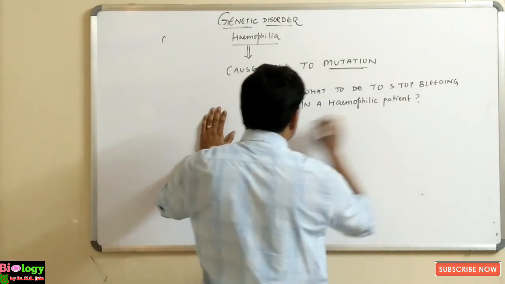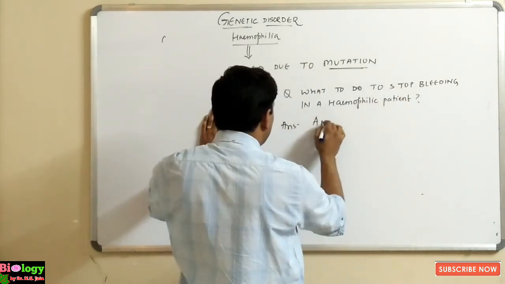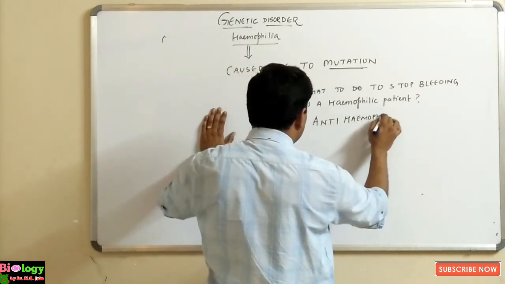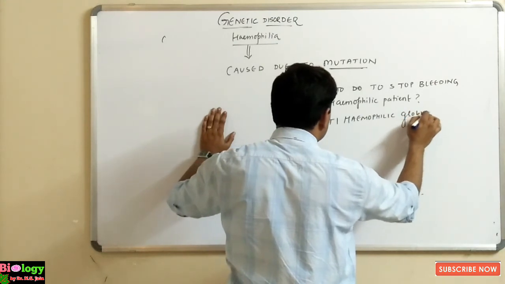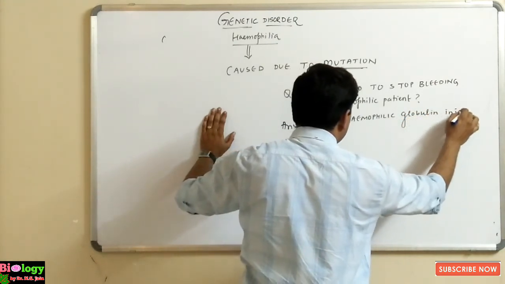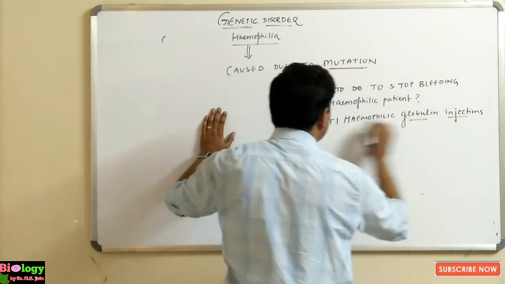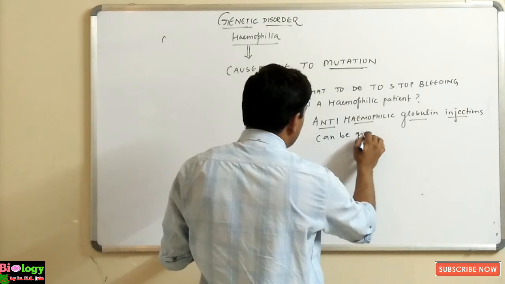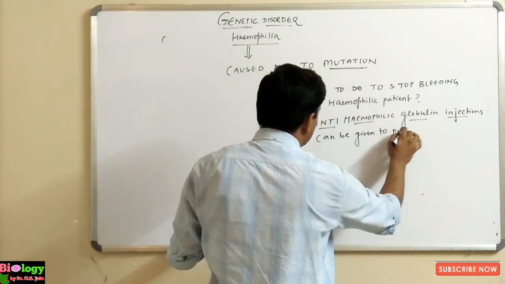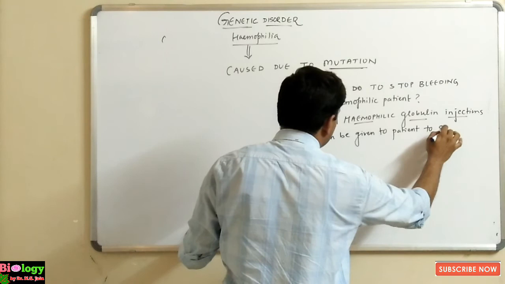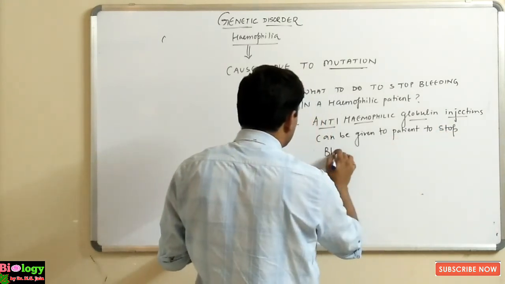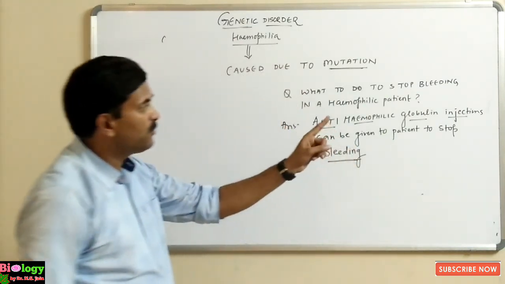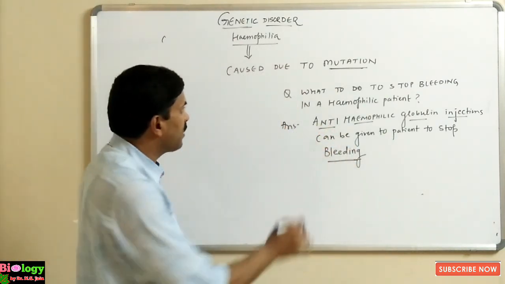Okay, so we can give anti-hemophilic globulin injections. Anti-hemophilic globulin injections can be given to the patient to stop bleeding.